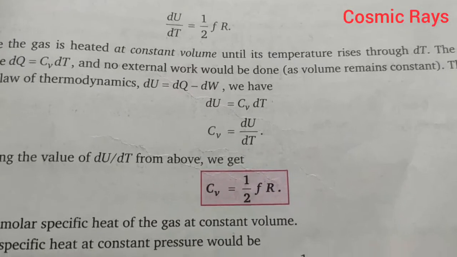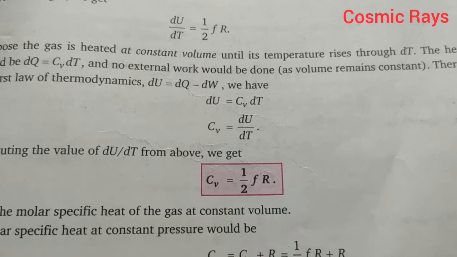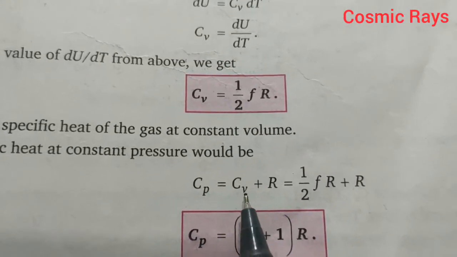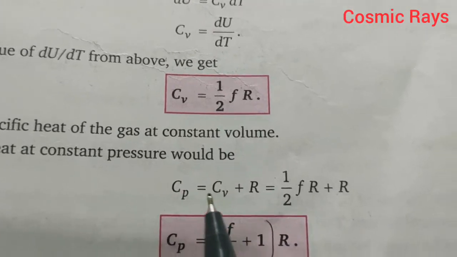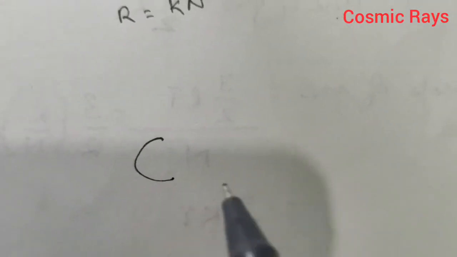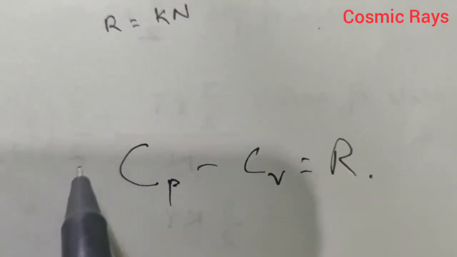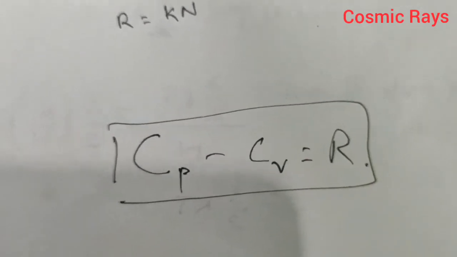Now for molar specific heat at constant pressure, we know that Cp is equal to Cv plus R. Why? Because the Mayer's relation was Cp minus Cv is equal to R. This we have discussed in the previous unit.